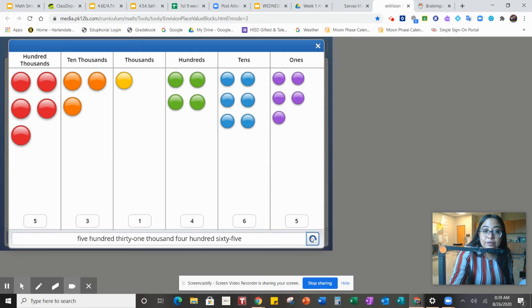A cool thing also is if you click this little button after that, it gives you the word form. So we can match that up with what we already did in our journal. You don't want to rely just on this doing the work for you. You want to do the work and then check it with this. So here we have the same number written down in standard form. So our standard form was correct. Our word form is correct.